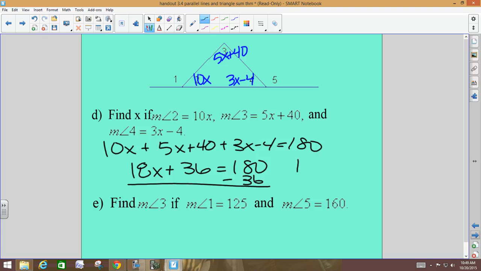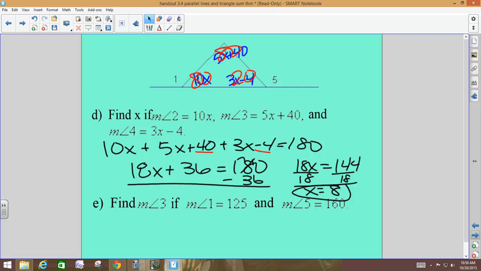Subtract 36. 18x equals 144. x is 8. So angle 2 is 80, angle 3 is 40 and angle 4 is 20. Nice.